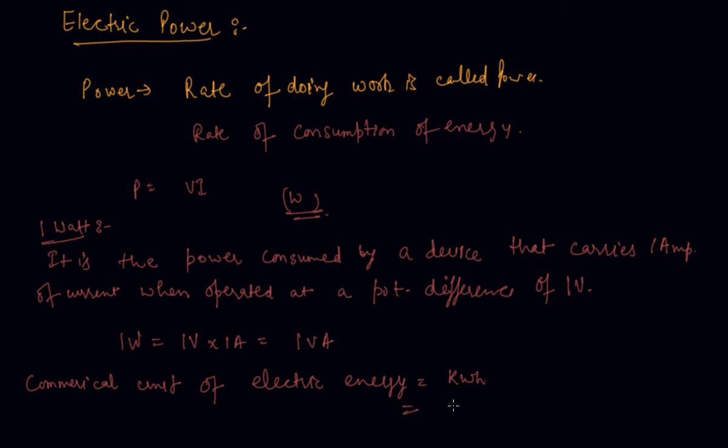It is 1000 watt into the number of seconds in 1 hour, so it will be 3.6 into 10 raised to power 6 joule. Joule is the unit of energy. So 1 kilowatt hour equals 3.6 into 10 raised to power 6 joules. I hope you are now clear about electric power also, and the unit in which our bill comes is the kilowatt hour. You can check it on the electric bill which you get at your home.